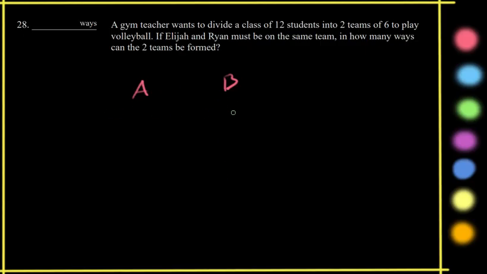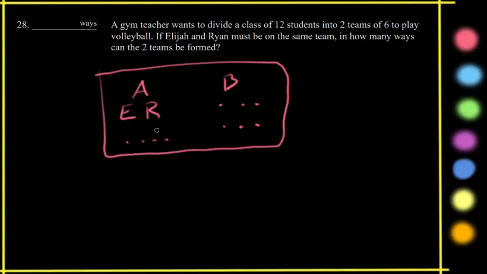The problem is that there isn't a team A and a team B. There's just 2 teams, and so if you form the 2 teams, let's say you put Elijah and Ryan on this team, and you pick 4 other students to go with them, and then you pick 6 students over here. This is the same as if you switched it so that this was team B and this was team A. That doesn't count as a separate thing.